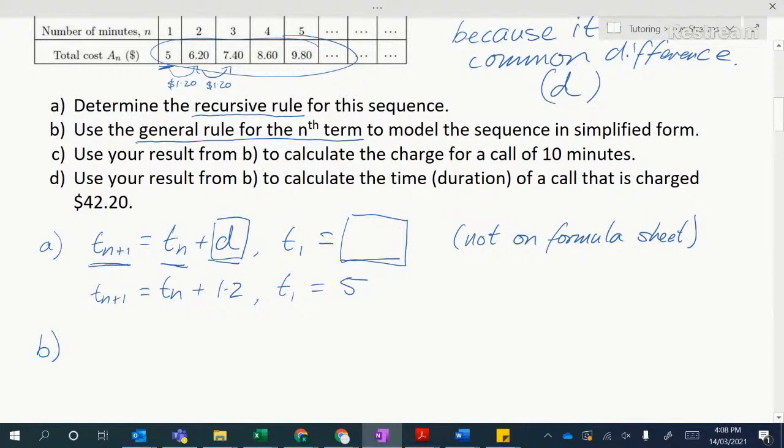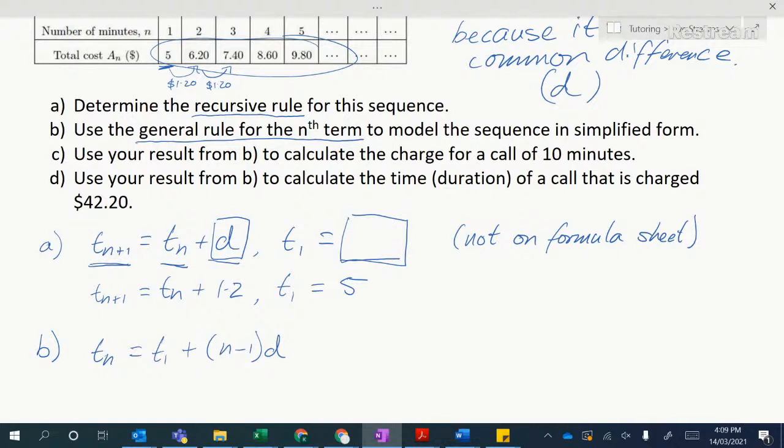If you want to have a go at B, start by writing that general rule for the nth term for an arithmetic sequence. It should look a little something like this. You can see we've still got very similar variables in there.